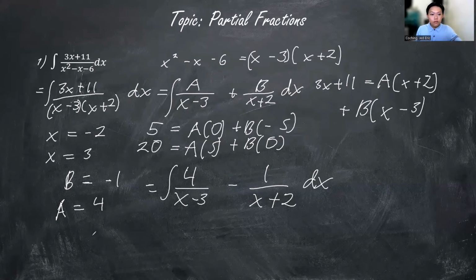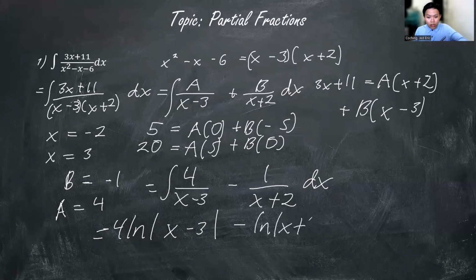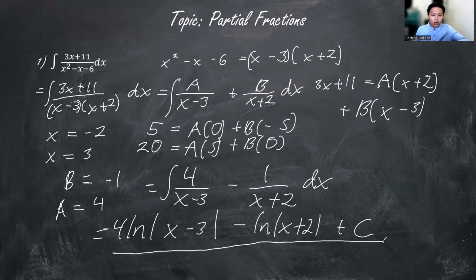Now we can solve. It's going to be equal to 4 ln x minus 3, not minus 1, minus ln x plus 2 plus c. This is now the answer.